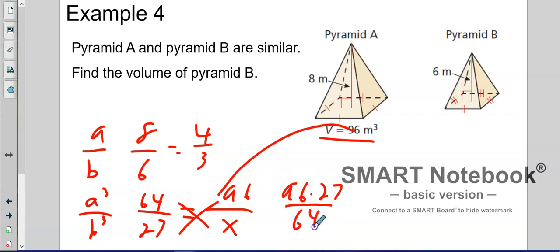And that equals 40.5 cubic meters. Again, all you do is type in 96 times 27 and divide by 64, and you get 40.5.